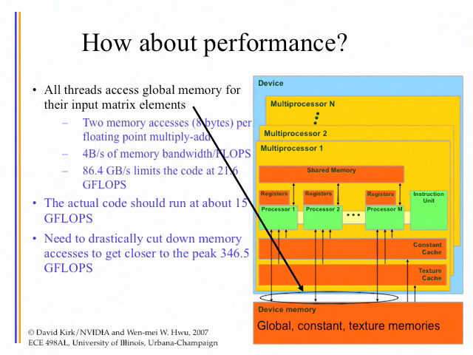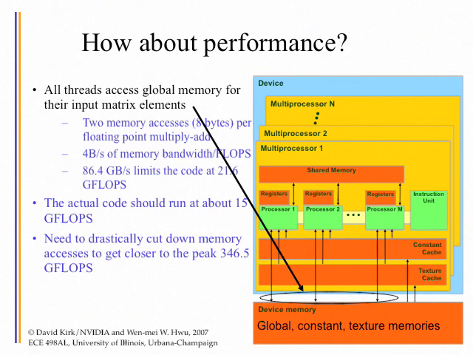You read the 2 input elements, one from each array, then you multiply and accumulate. Single precision is 4 bytes each, so 8 bytes of data are needed for 2 floating point operations. That gives you essentially 4 bytes per floating point operation.